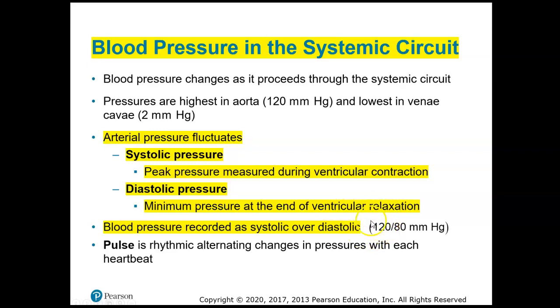We record it with the systolic pressure over the diastolic pressure. So here's an example. A good average healthy blood pressure is 120/80. We measure blood pressure with a sphygmomanometer, blood pressure cuff, and the artery that we use is the brachial artery.